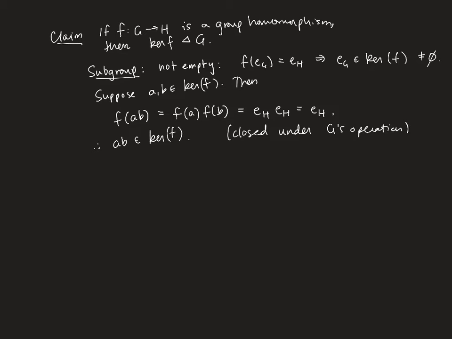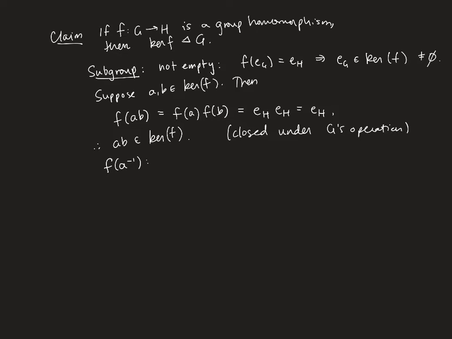I also need to show that I've got inverses. So let's suppose I look at f of a inverse. What I need to show here is that this is also the identity element.